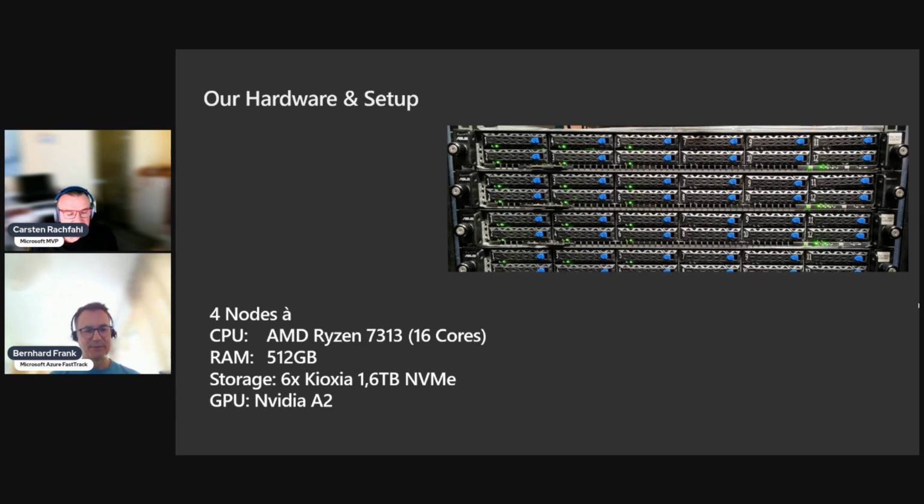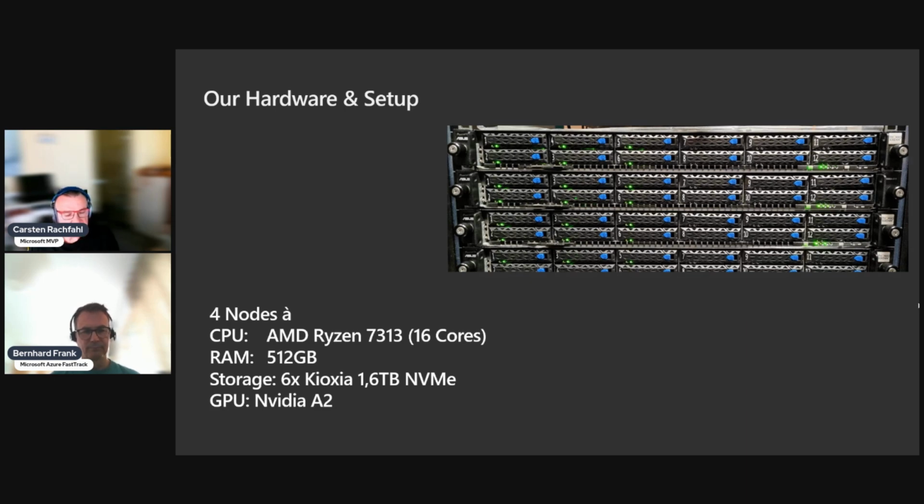Yes. So let's talk about the hardware. Maybe I do that because most of the other slides you will talk about. This is the hardware. If you watched one of our other series, we always use this hardware. It's hardware from a German vendor, Thomas Krenn. It's Azure Stack HCI certified. We have 4 nodes.